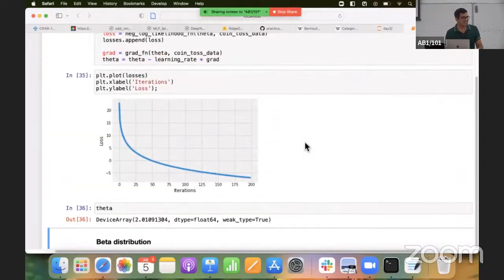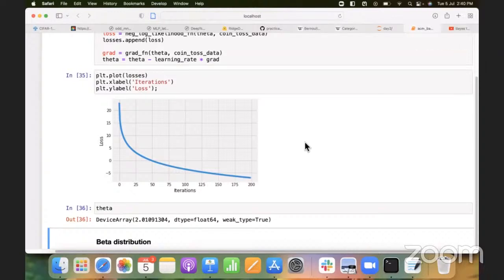Sorry. Yeah, but theta should be constrained to be 1. Yes. Why do you think this is happening? Because we are not considering the probability of the data, the denominator part. Sorry, just one second.